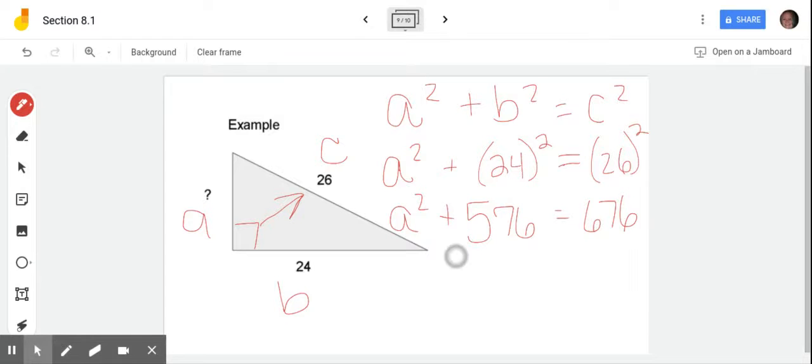And now I'm going to subtract 576 from both sides. And I get that A squared is equal to 100.